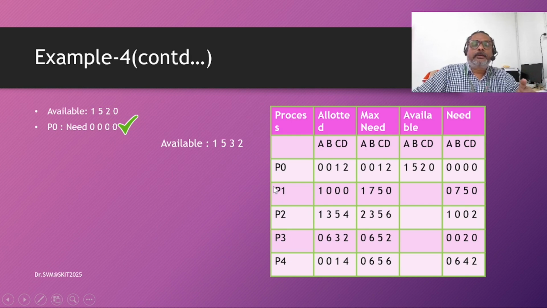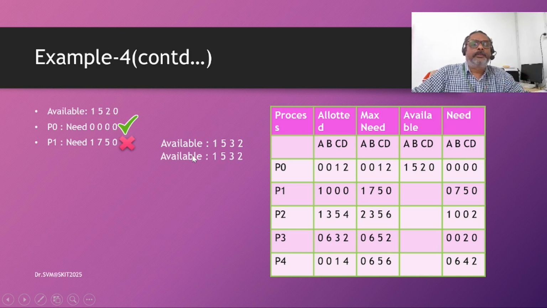Now let's check, can we continue with the next one, that is P1. P1 requires 1750. So 1 for A is okay, but for B it requires 7, so 2 deficiency, therefore we cannot take up P1 at this instant. So let us keep P1 pending and proceed further. Availability is as it is, nothing changes, 1532.